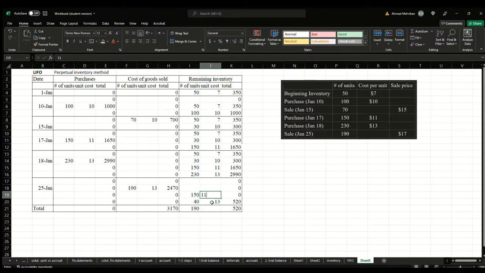The 150 remains unchanged, the 30 units by $10 each remain unchanged, and the 50 by $7 remain unchanged. So this is the perpetual inventory system, and this is how we count our cost of goods sold.